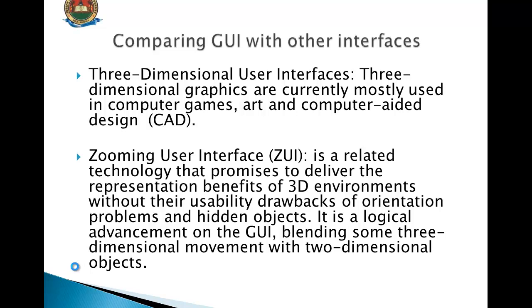When you compare GUI with the zooming user interface, you will discover that the zooming user interface is a logical advancement over GUI, and it blends three-dimensional movement with two-dimensional objects.